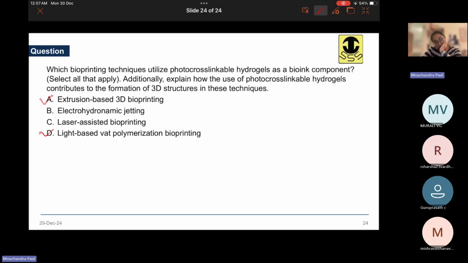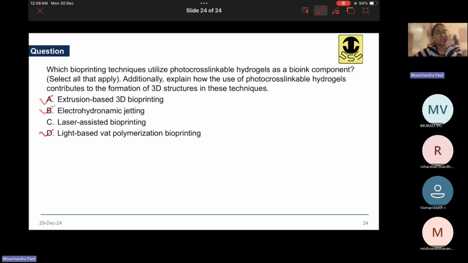So now, if I think about it, B is also correct. You can use photocross-linkable materials, but for C you should not. It is not advisable because the light will start reacting with the material and you won't get droplets.